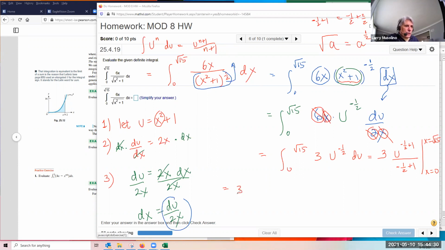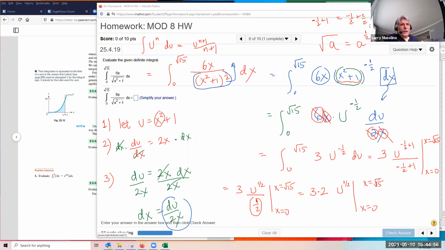So this is going to be 3 u to the 1/2 over 1/2 evaluated from 0 to the square root of 15. All right, but if I divide by 1/2, I can flip that upside down and make it 3 times 2 u to the 1/2.